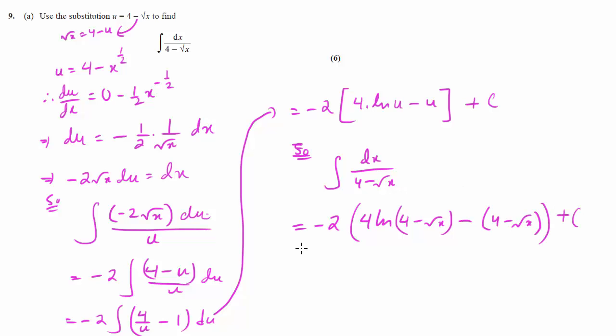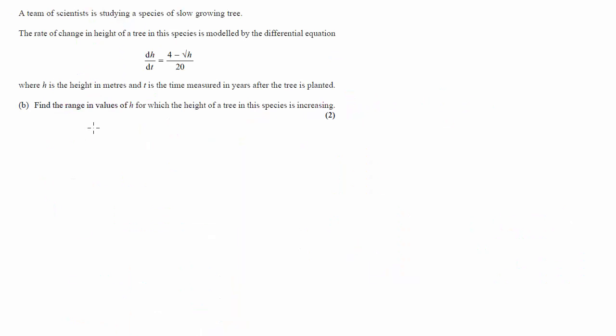Simplifying this would turn out to be minus 8 ln of. Now it's a good idea to give an absolute value over here in case this turns out to be negative. It's a convention to give the absolute value around ln. So minus 8 ln of the absolute value of 4 minus square root of x, plus 2 times 4 minus square root of x, plus c, and that's it.